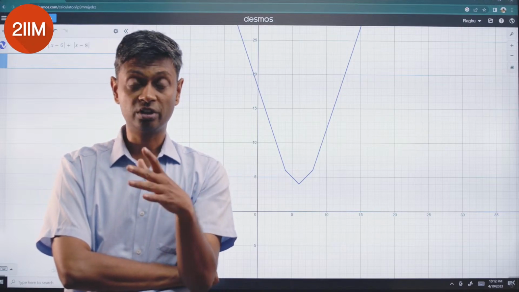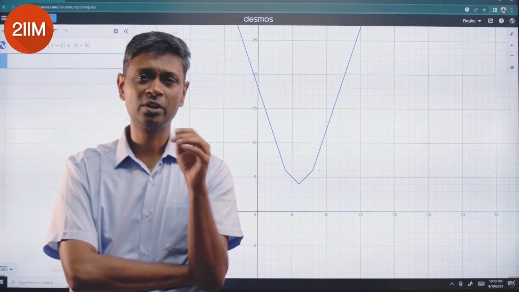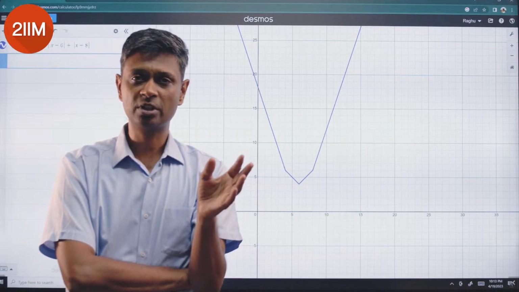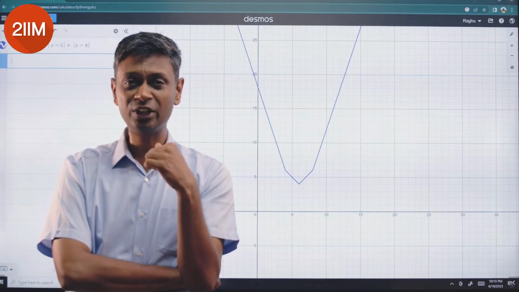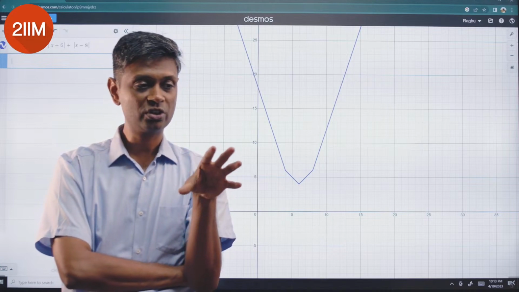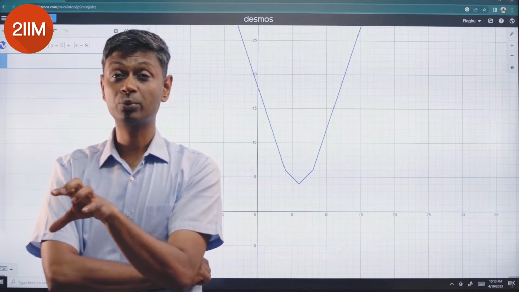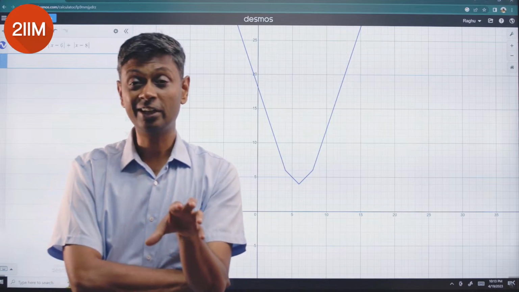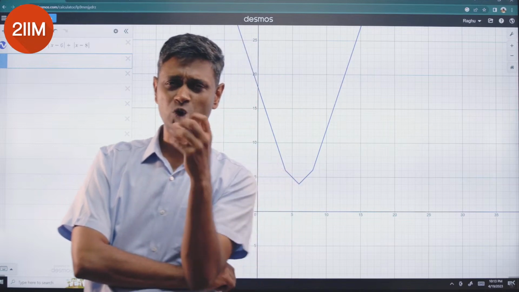If there's no root, then it doesn't touch. If there's only one root, it's a tangent. Just go on and on. You want to find the slope of the tangent, differentiate with respect to x. But what is differentiation? What is slope? What is the idea of rate of change? How is x square plus y square equal to 6 the same as x minus 2 whole square plus y minus 4 whole square equal to 6 in a different place? That idea of visualizing shapes just goes out.